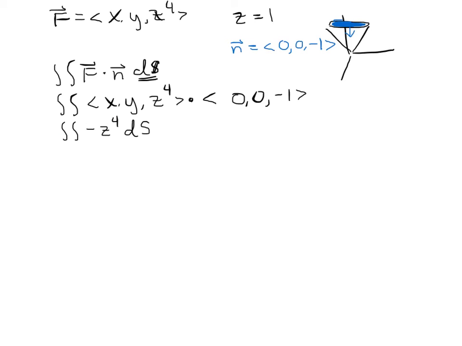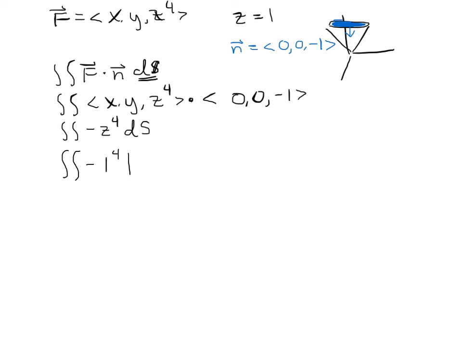Okay, so if I go back to the formulas for finding the surface integral just of a function, I either have to have a parameterized function or I have to have a z equals, and I happen to have a z equals in this. So now my formula tells me that I'm going to take the integral of the function evaluated at x, y, and z. So if I evaluate that function when z is equal to 1, I get negative 1 to the 4th.